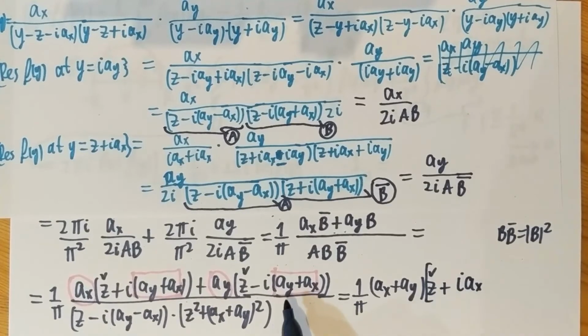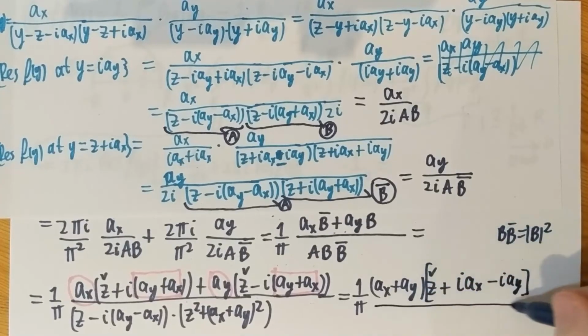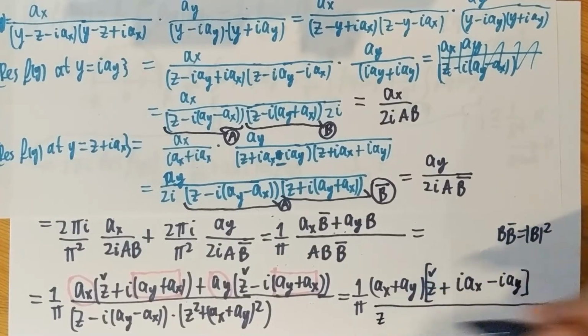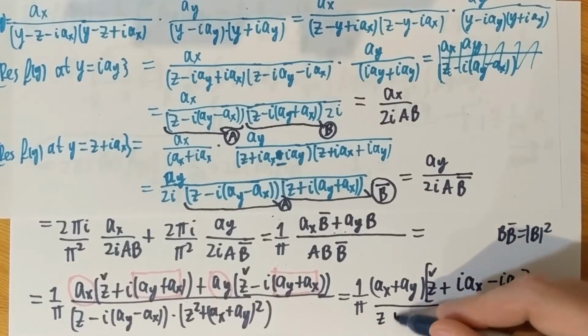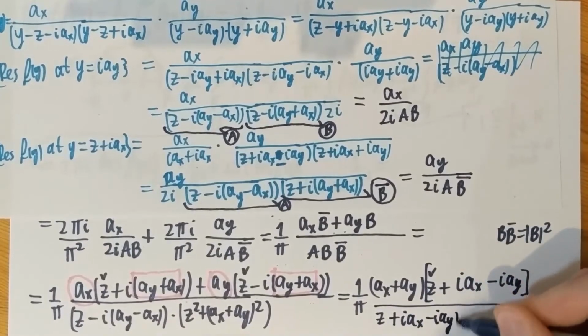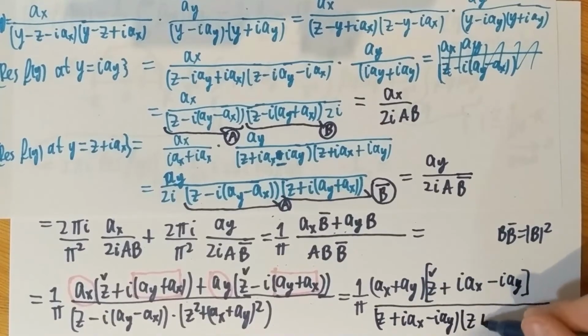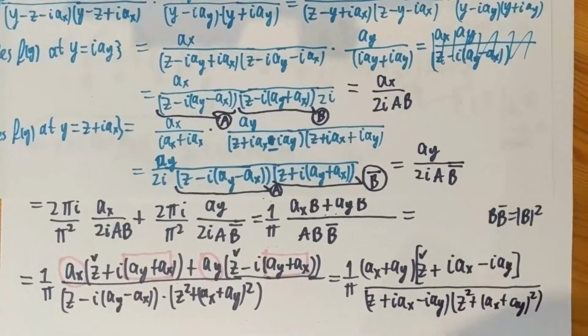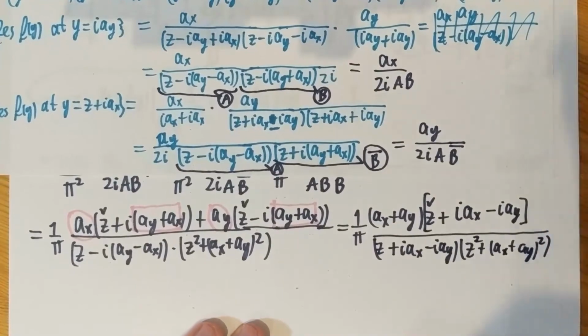The other one is multiplied by negative i ay, and that's all I have on top. And on the bottom I have the same thing as before, z, and I'm going to break up this parenthesis now. So z plus i ax minus i ay. That's my first term. The other term is z plus ax plus ay, and both separately squared. That's the second term.